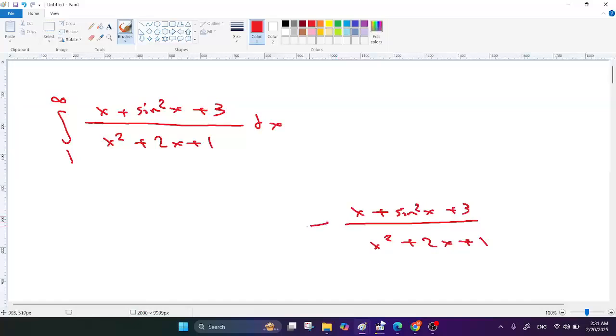So this here is greater than or equal to, I want to make the fraction less than the original one. So minimize the numerator, maximize the denominator. How to minimize the numerator? Delete these positive values, okay? You get x.